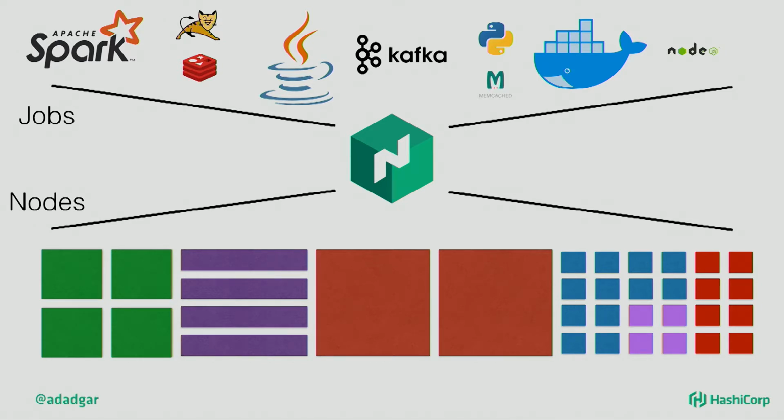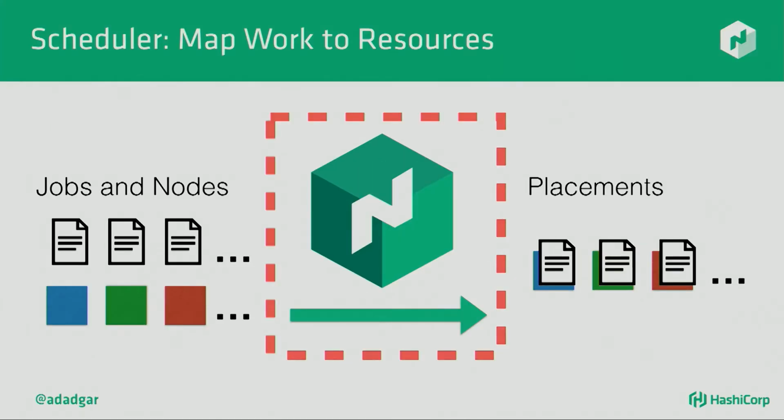Your big Java app might need multiple gigs of memory just to start up, while a small internal dashboard might just need a few megs. So we want the cluster scheduler to map jobs to nodes that can best match their requirements. So today we're really going to take a deep dive into this black box that is this mapping function and see how Nomad makes these decisions.